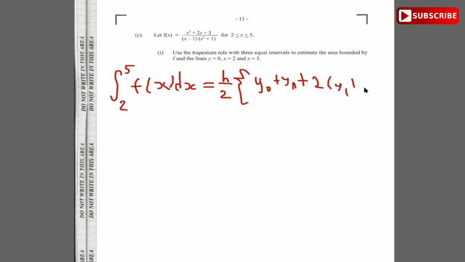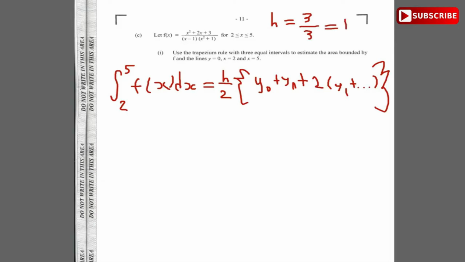So that's the formula that we use for trapezium rule. So let's go ahead and do this. What I like to do first is, of course, work out h. H is going to be b minus a, which is 5 minus 2, which is 3, over n. N is 3, so h is 3 over 3, which is 1.